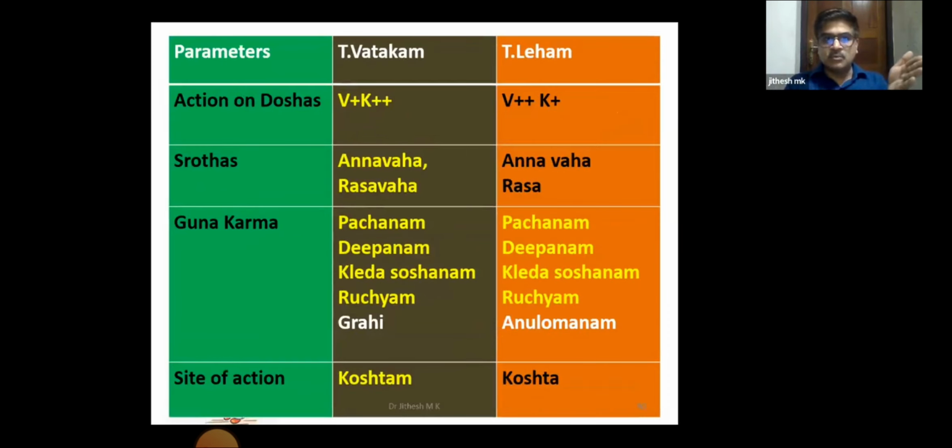This is the difference. Both are Vata Kapha only. Talisapatradi Vataka is Kaphadika Vata Kapha and Talisapatradi Lehya is Vatadika Vata Kapha. The Srotoshodhana properties are almost similar. Both the medicines are Pachana, Deepana, Kleda Shoshana and Ruchya. At the same time, Talisapatradi Vataka is Grahi and Talisapatradi Lehya is Anulomana. These are the differences.